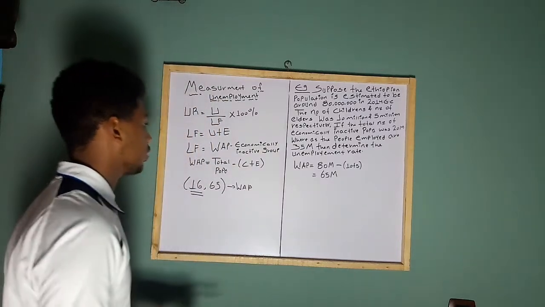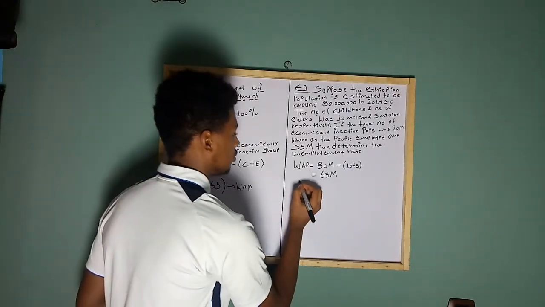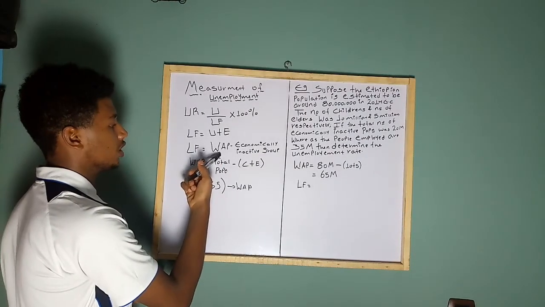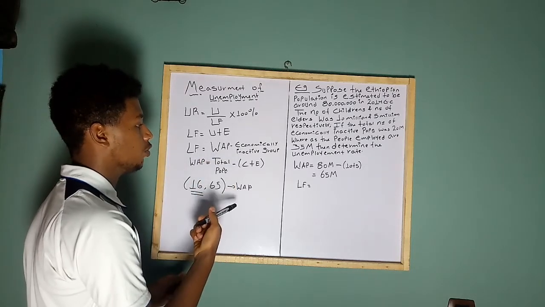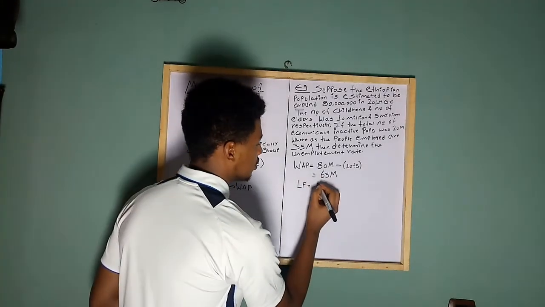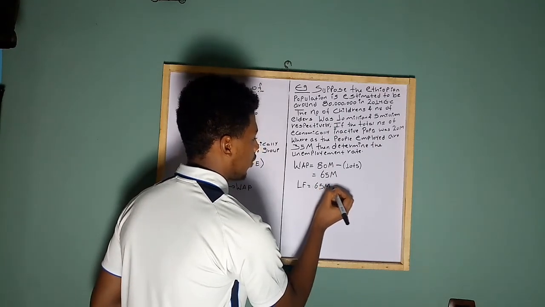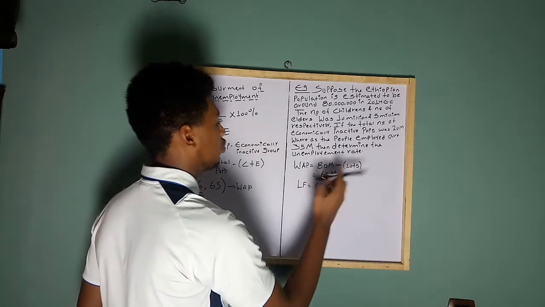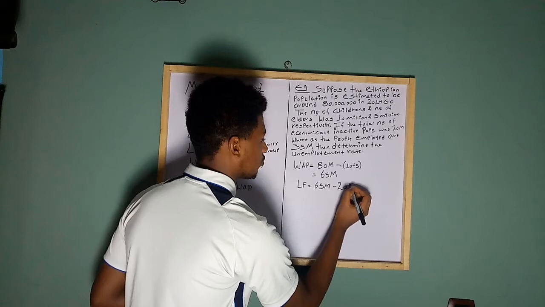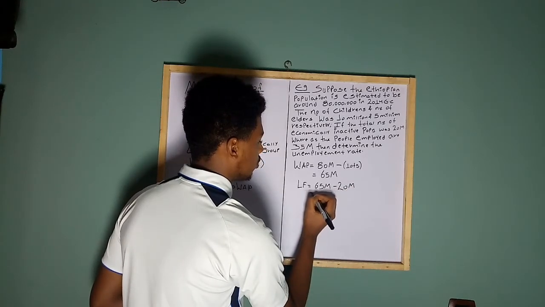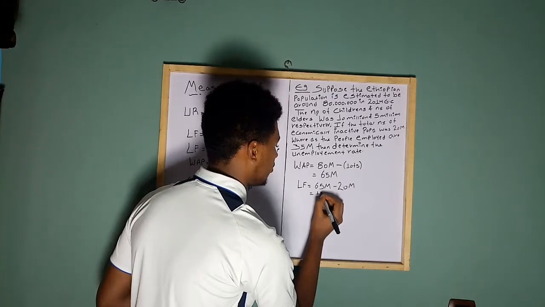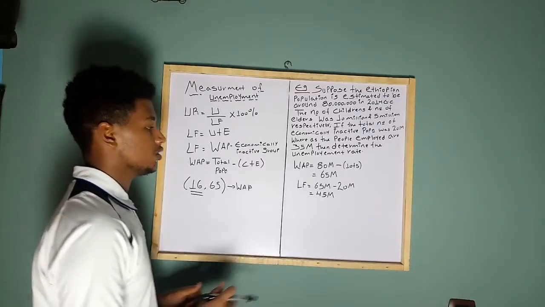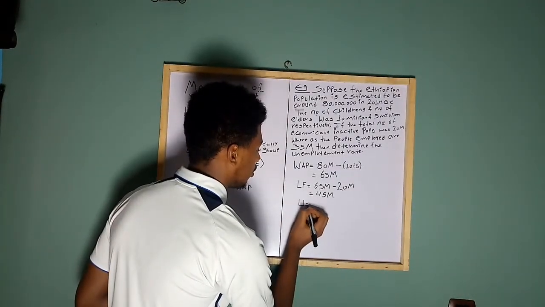The next thing that we are going to calculate is the labor force. For labor force the formula states WAP minus economically inactive group. Working age population is 65 million minus the economically inactive group, which is stated right here, 20 million. Therefore, the labor force would be 45 million. Then we are going to calculate the unemployment.